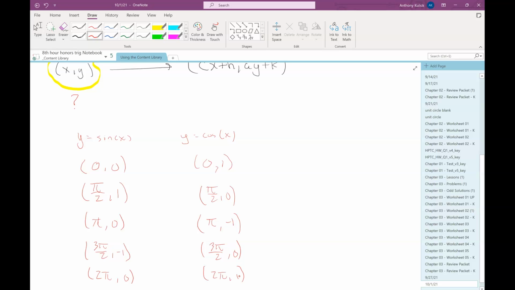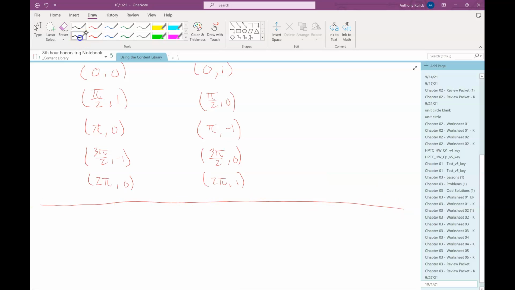Okay, so let's do an example where we actually generate a graph. Sound good? Okay.